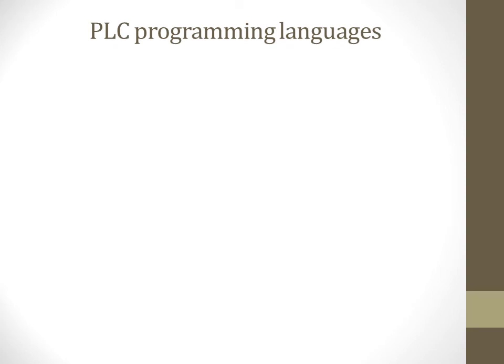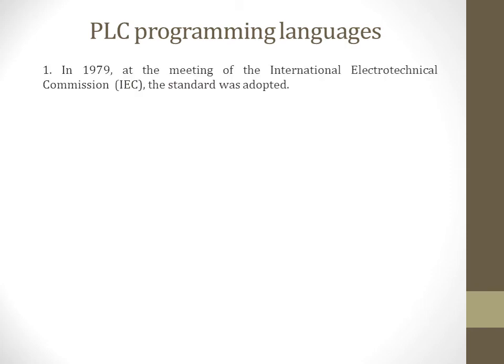So let's talk about programming languages which we use for programming PLCs. The primary information about PLC programming languages is next. First of all, we need to say that in 1979, at a meeting of the International Electrotechnical Commission, a standard was adopted: IEC 61131.